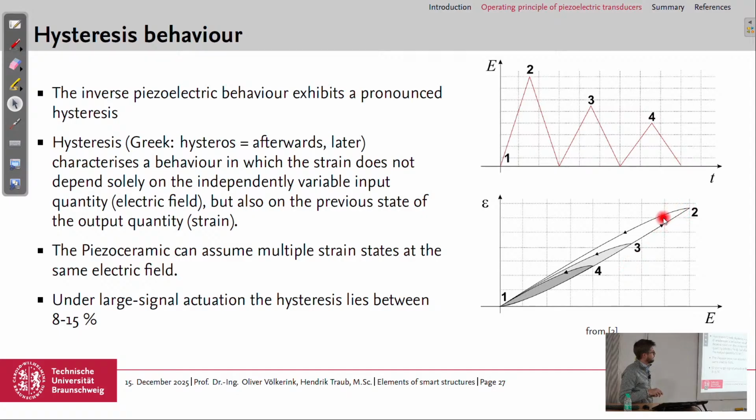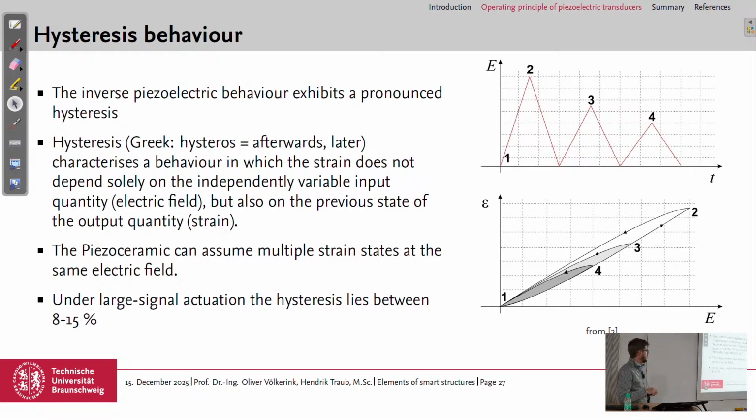Then we remove the field again to 0, then we are here, then we apply a field again to 0.3, but a lower field than before, then we remove the field again, and then 0.4, going up again, but even smaller field coming down again, and you can see that the area under the curve is also smaller if we apply smaller fields.